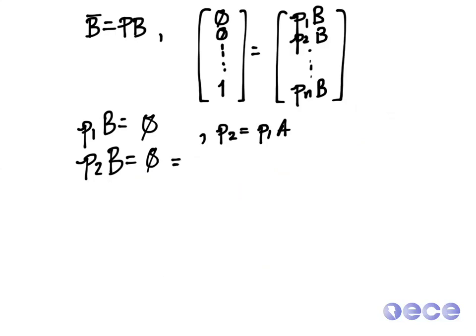So now we can write that P1 times A times B is equal to 0.